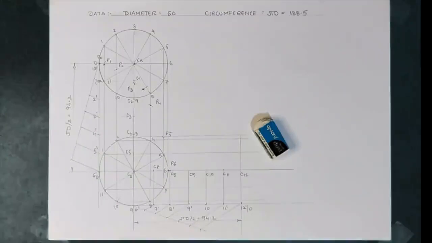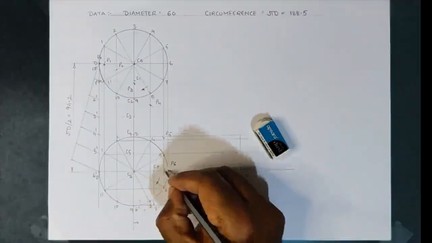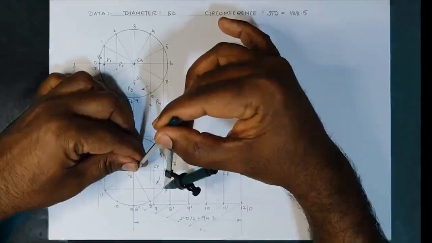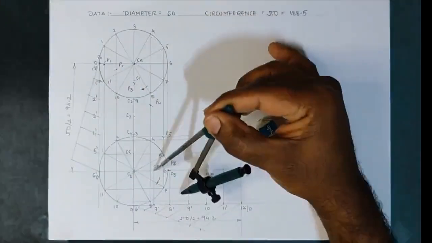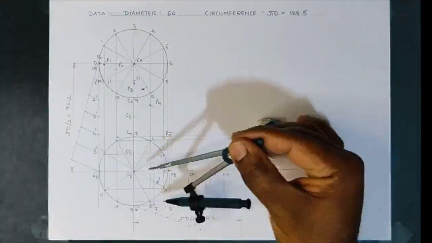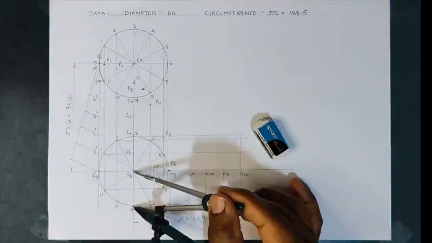Now I'll be taking the radius of 30. This is C6, P6 is the point. Now this is the 7th position which the rolling circle would assume. I transfer it to center 7 and mark an arc. This is the 8th position. I transfer it to center 8, mark an arc.